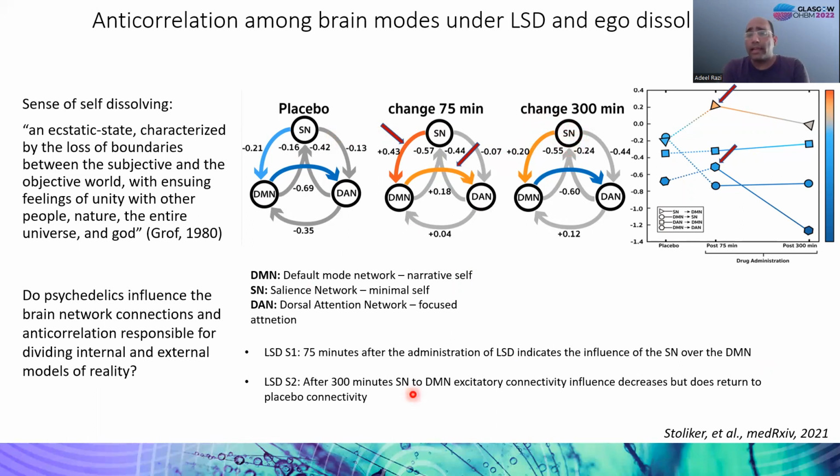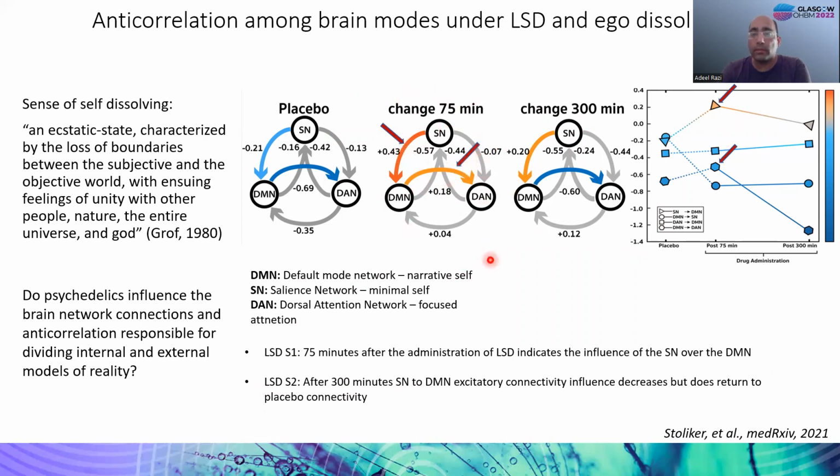Here, the idea is that one of the main subjective effects of LSD is ego dissolution, which we think of as a blurring of the boundary between the object and the subjective world. What we show here is an increased connectivity and impact of the salience network on the DMN at the peak effects.